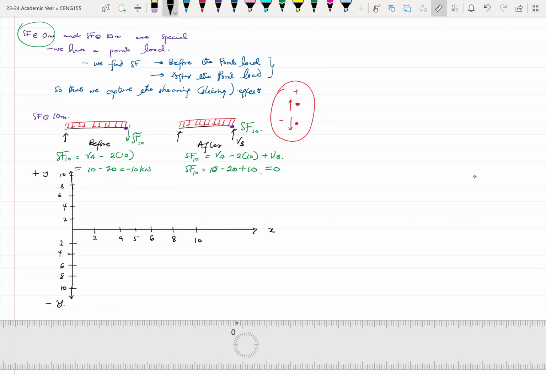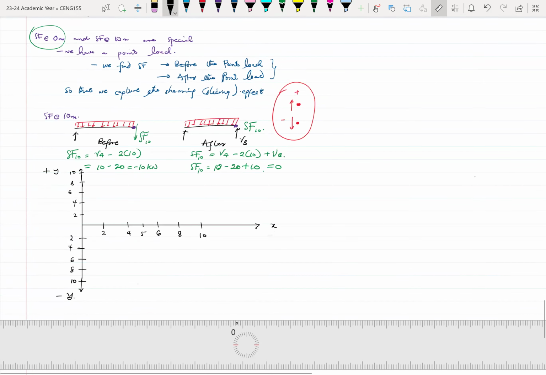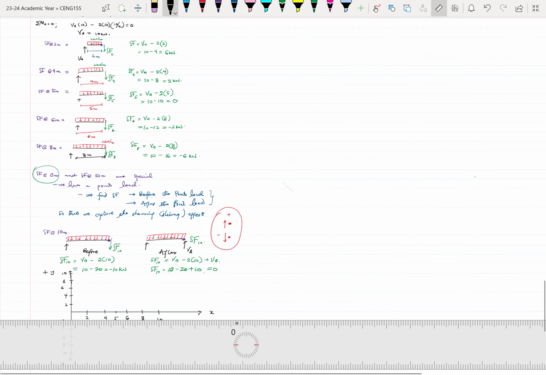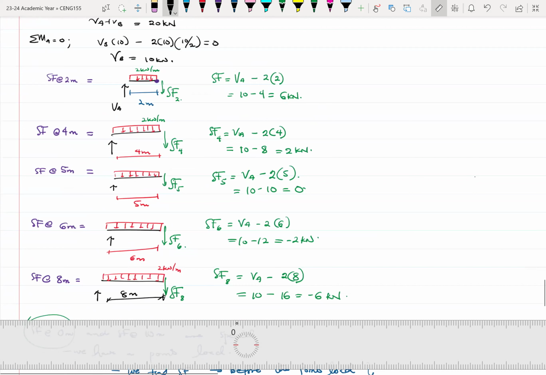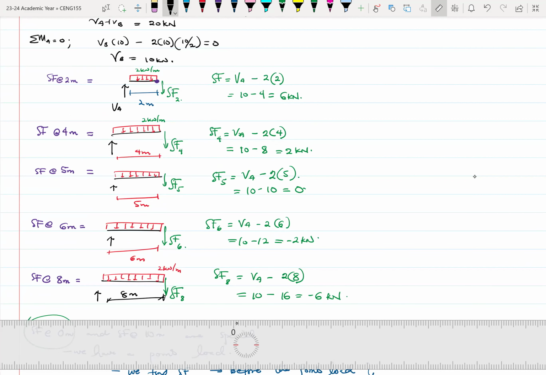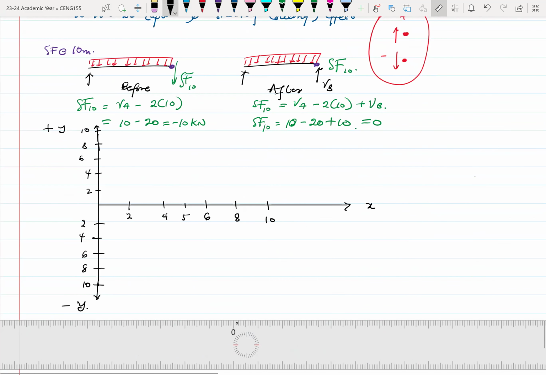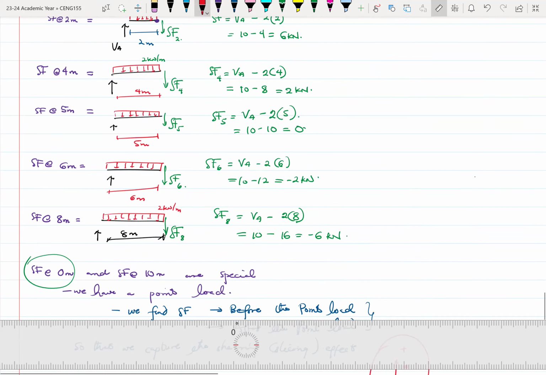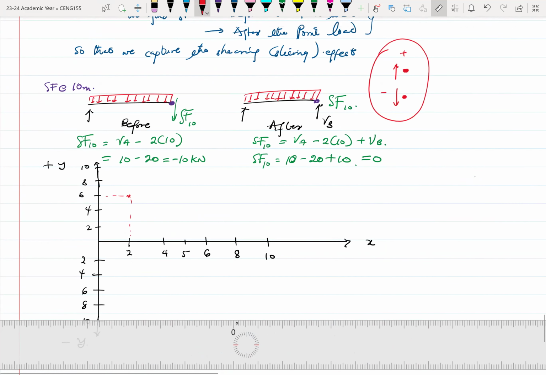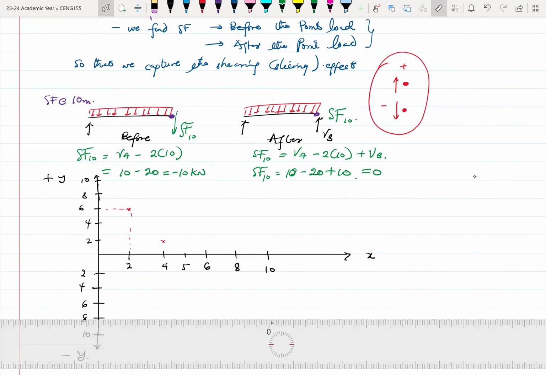Great. So let's go back. At 2 meters, your shear force was 6, so somewhere here. At 4 meters, it came down to 2. At 5 meters, it came down to 0.